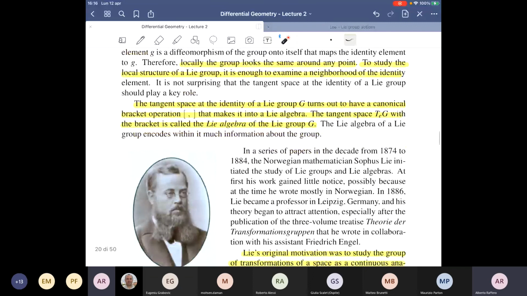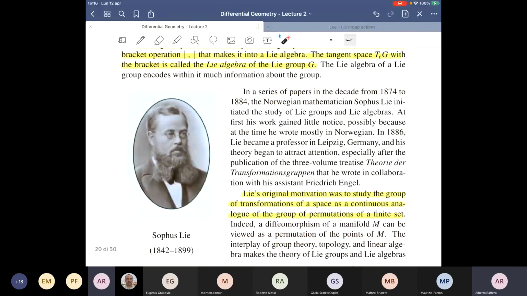And as the name suggests, the first person who studied such groups was Sophus Lie. His aim at the beginning was to study the group of transformations of a space as a continuous analog of the group of permutations of a finite set.